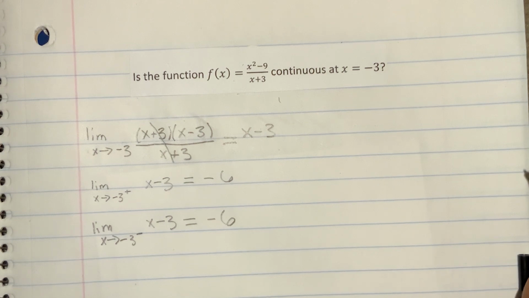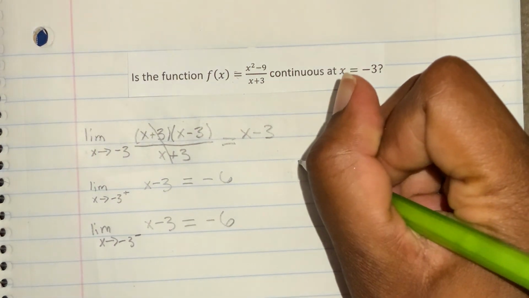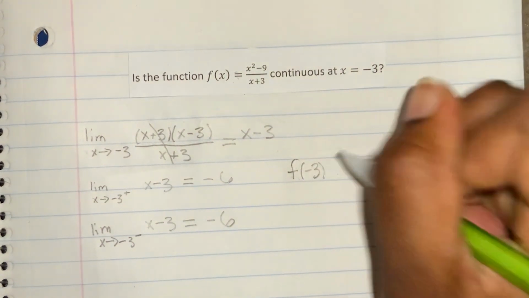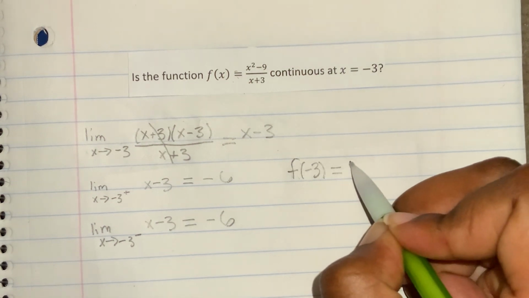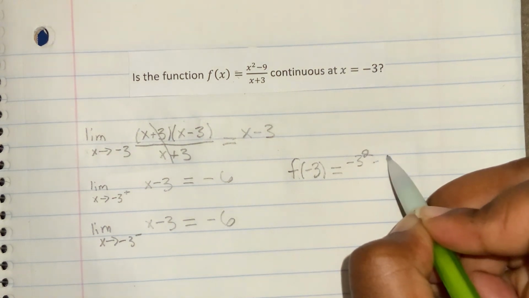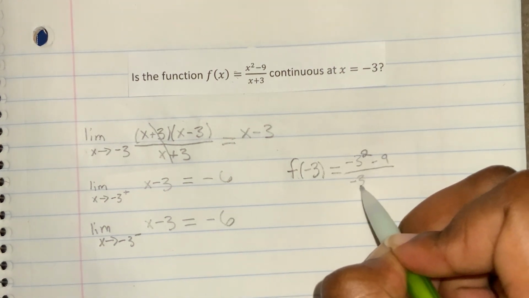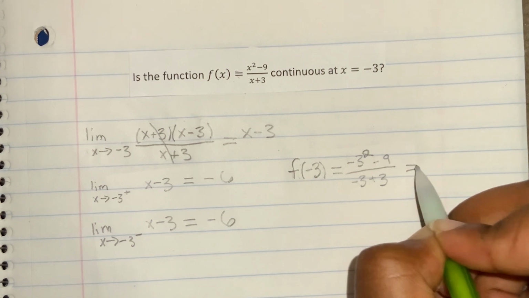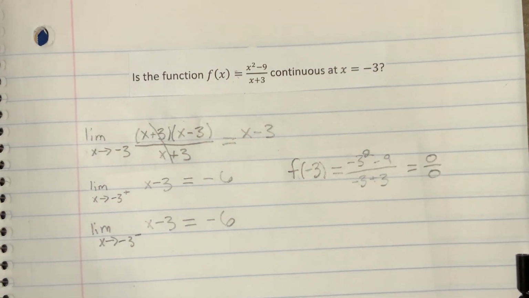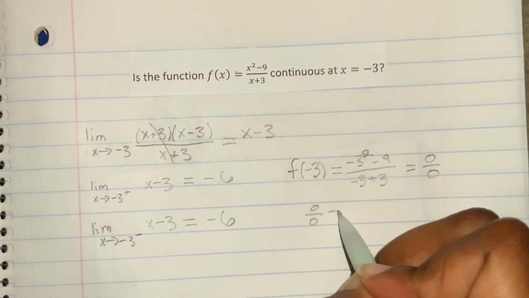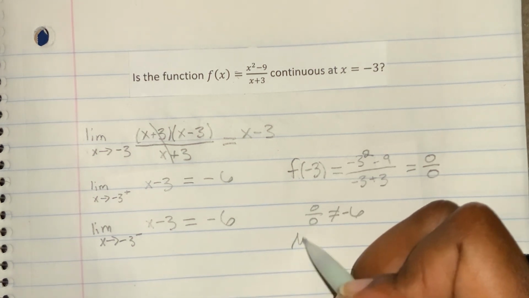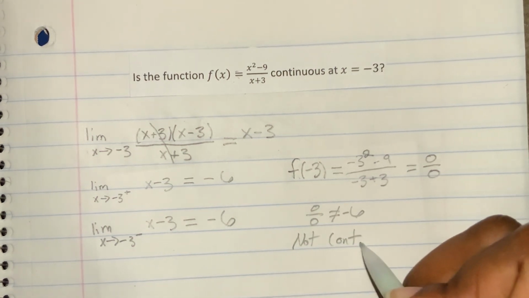Now we will evaluate the function at the point. Which leaves us with 0 over 0, and we know that if the value of the function is divided by 0, it is not defined, meaning that this function is not continuous.